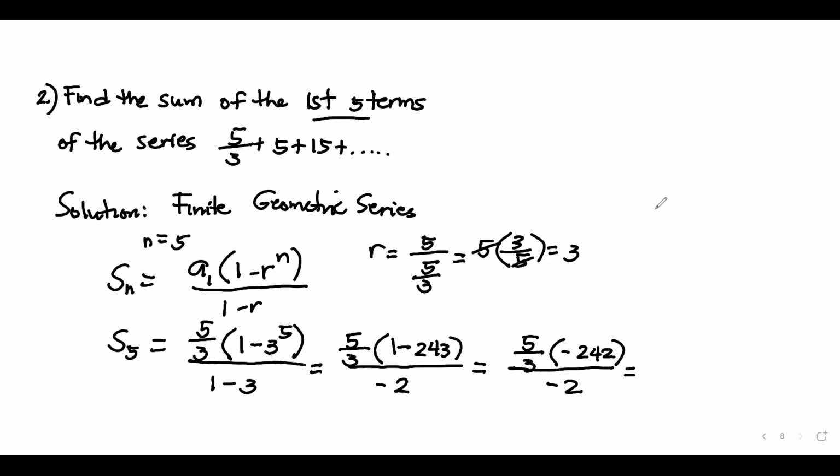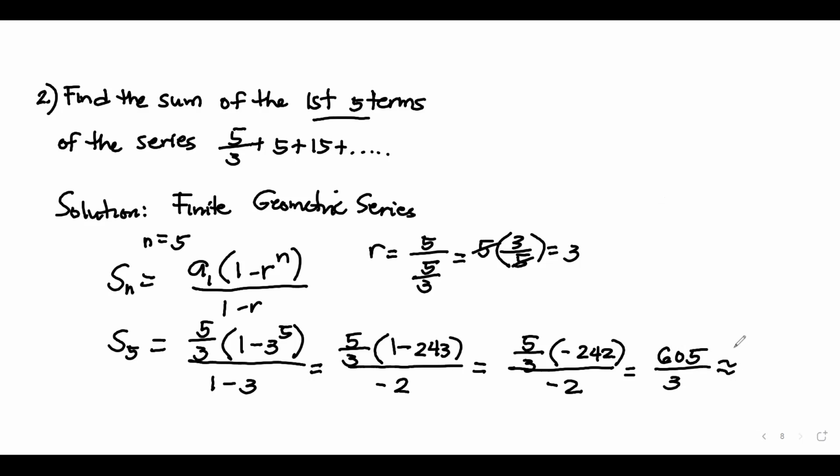So we will have the approximate again. The sum of the first 5 terms is equal to, in improper fraction, 605 over 3. That is the exact value.